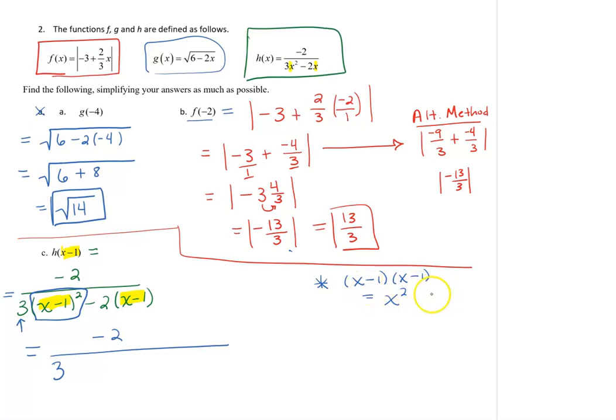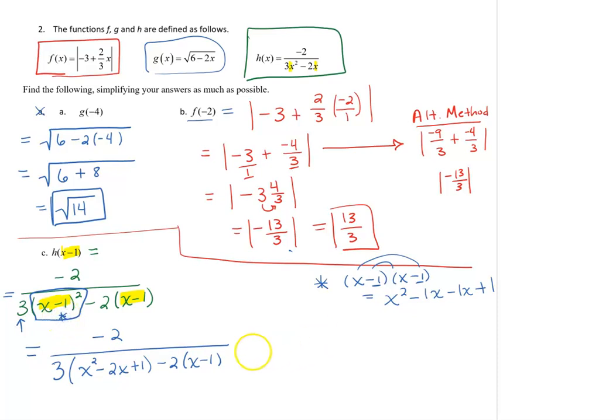That's first times first. Outside times outside is negative 1x. Inside times inside is another negative 1x. And then last times last would be positive 1. That's negative 1 times negative 1. So I'm going to bring this over and make it x squared minus 2x this time plus 1. And then we have our minus 2 times x minus 1.